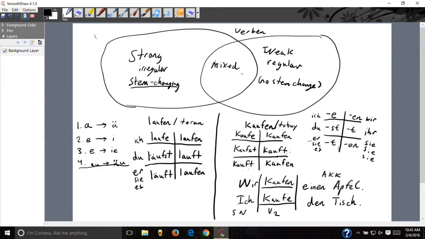And later on, you will learn what are called mixed verbs, which are strong verbs, but they take weak, regular conjugations. So I think that's all for today. If you have another verb that follows one of these patterns and is strong and irregular, put it into practice.